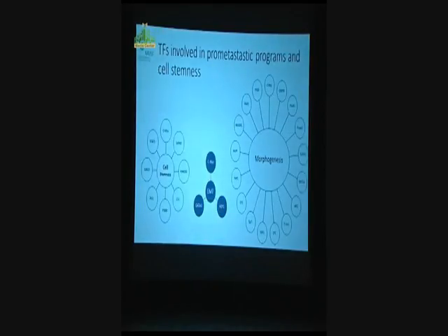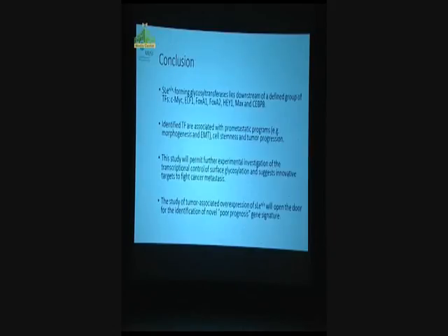And actually this is an outline of the transcription factors involved in three major cell processes: stemness, morphogenesis, and epithelial mesenchymal transition. We believe they are involved in controlling and supporting metastasis.